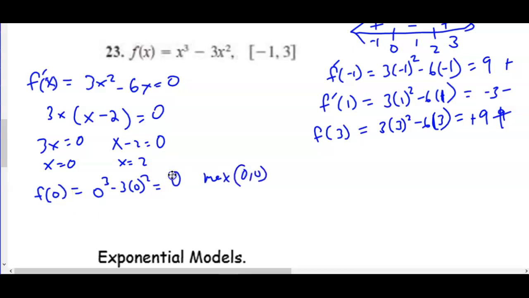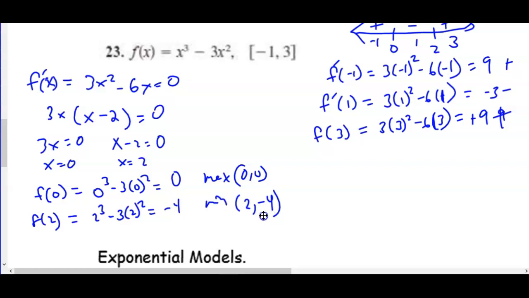We plug in 0, we got 0. And then we do f of 2, right? So we have 2 cubed minus 3 times 2 squared. So that's 8 minus 12, which is going to be negative 4. So we have a minimum at (2, -4), right?